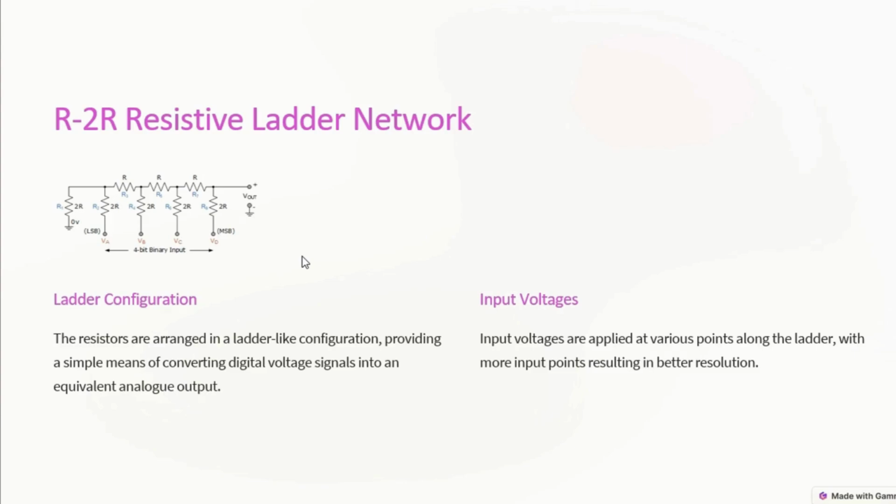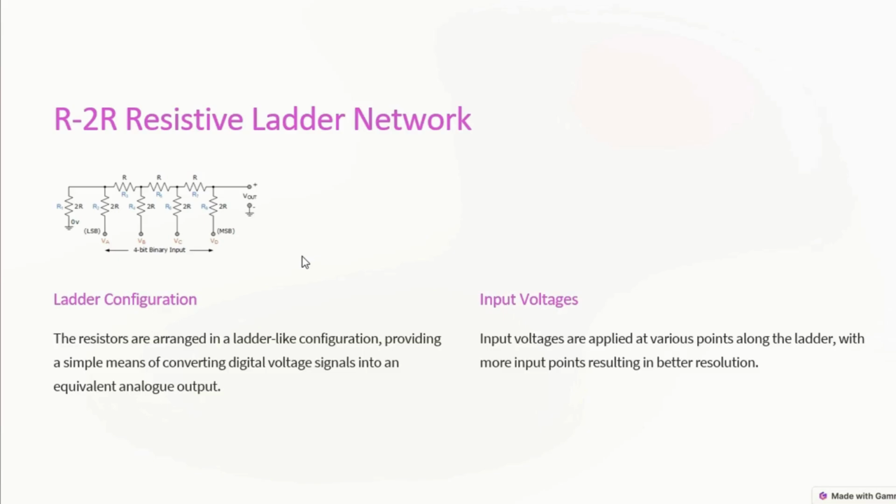An R2R resistive ladder network is nothing more than long strings of parallel and series connected resistors acting as interconnected voltage dividers along its length, whose output voltage depends on the interaction of the input voltages with each other.